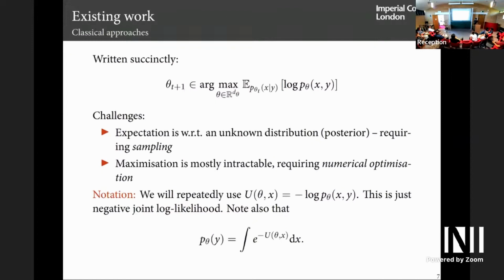You can see I'm simplifying things because I kept saying that Y is fixed, and I ignore Y because it's a fixed data set. I call this U, only a function of theta and x, right? And the next observation, which is going to help us simplify the problem and use diffusion-based techniques, is that the marginal likelihood can be written in this form. So it's an observation that I will use later.